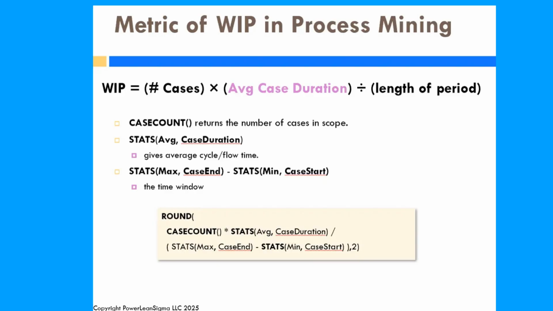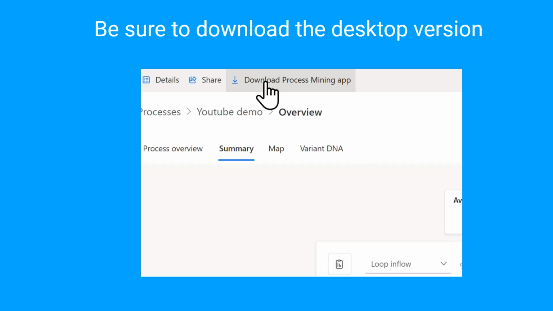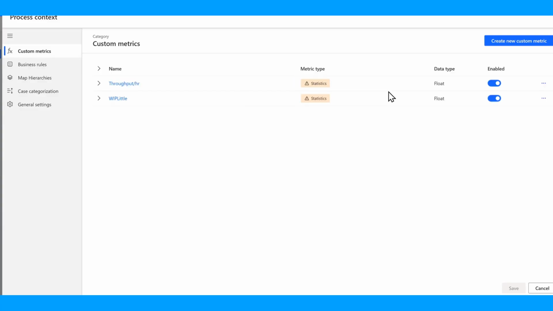If we go into our process mining, and by the way, if you download your process mining app and it's now on the desktop, and you go into your process mining, these are our statistics. So we can see each case time, each start, duration, active case time, waiting time, utilization.